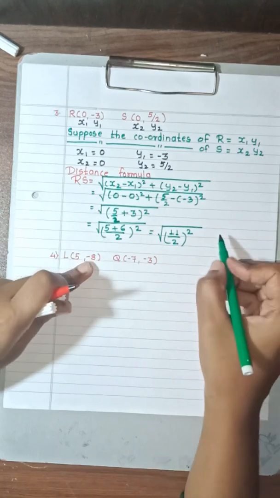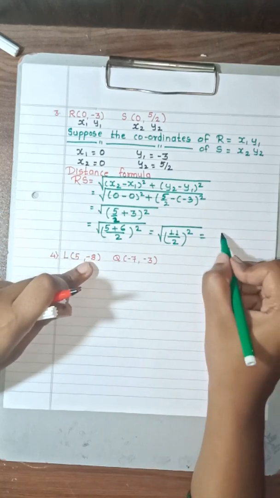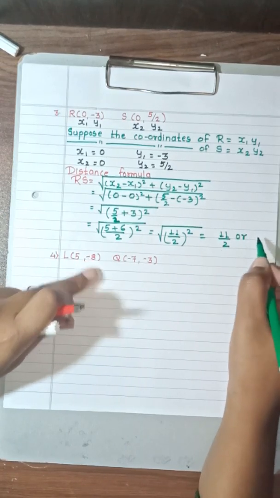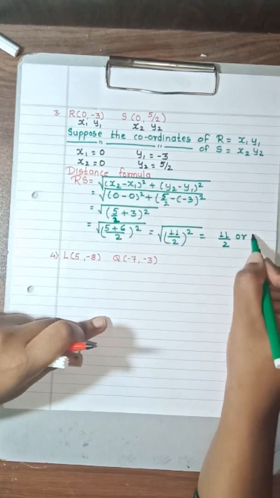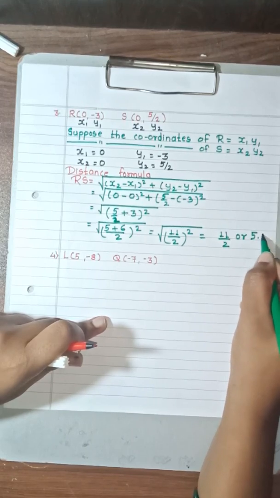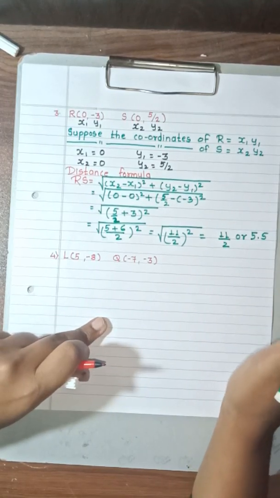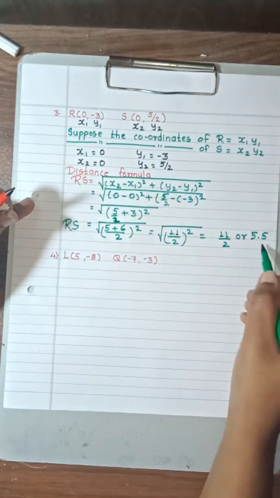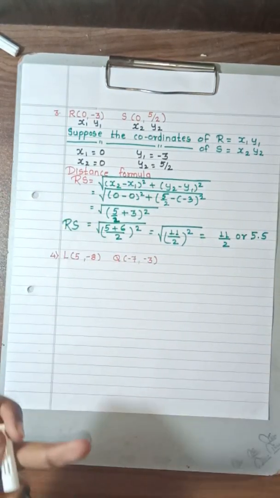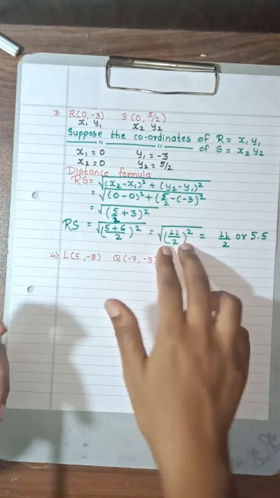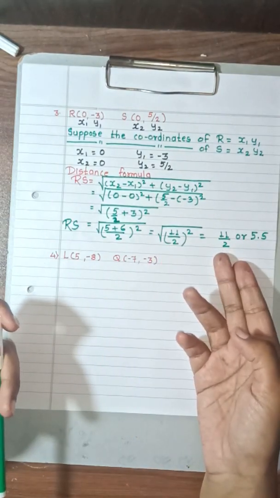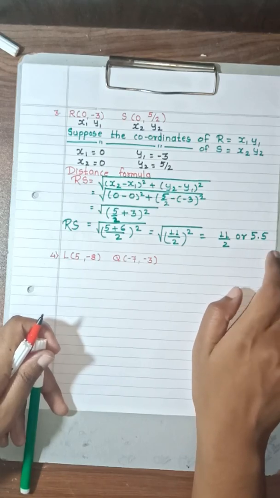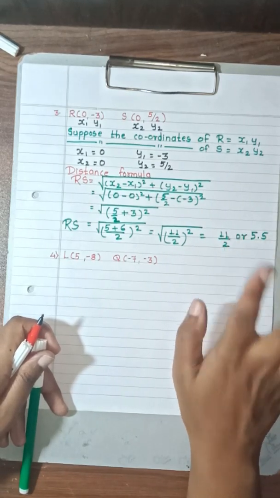That will be equal to 11 upon 2, or you can also divide this. 2 1s are 2, and 2 5s are 10, that will be 5.5. Therefore distance RS will be 11 upon 2 or 5.5. What we did, we have taken this out of the square root, and then we have divided it, therefore we get 5.5, or if you don't want to divide it, you can keep it as it is.